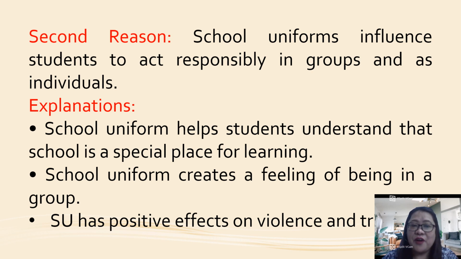School uniform helps students understand that school is a special place for learning. Explanation number 2. School uniform creates a feeling of being in a group. And explanation number 3, school uniform has positive effects on violence and truancy.